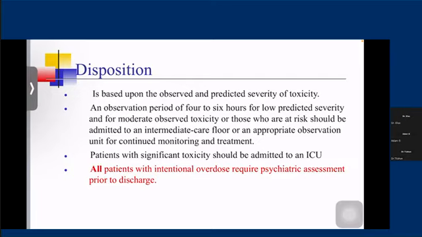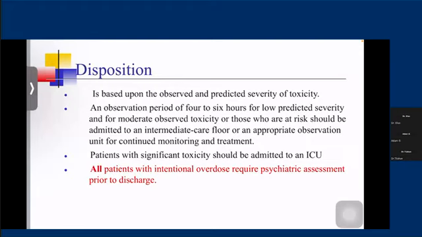For low severity, we can observe for 4 to 6 hours and then discharge from the emergency department. But patients with moderate toxicity should be admitted to an intermediate ward, or kept in the emergency department and followed for a few days, and if there is no complication, they can be discharged. Patients with significant toxicity should be admitted to ICU.